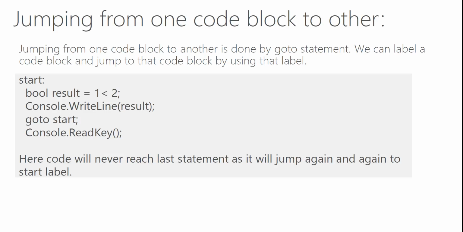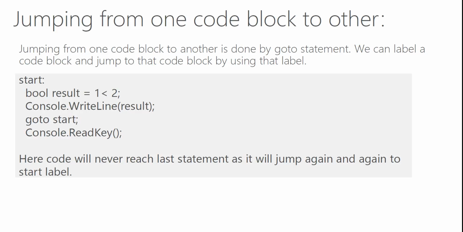Jumping from one code block to another is done by the goto statement. We can label a code block and jump to the code block by using the label.